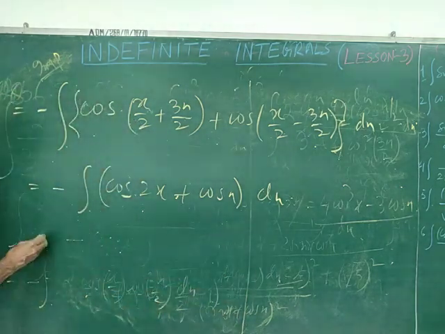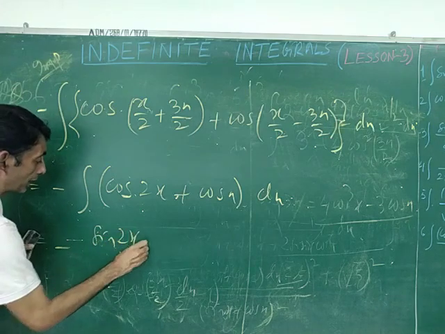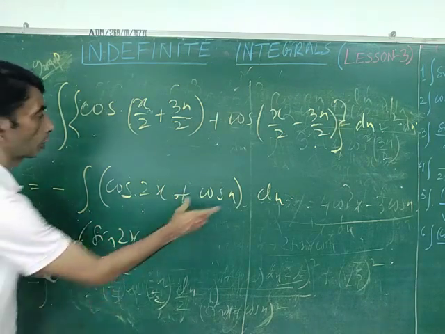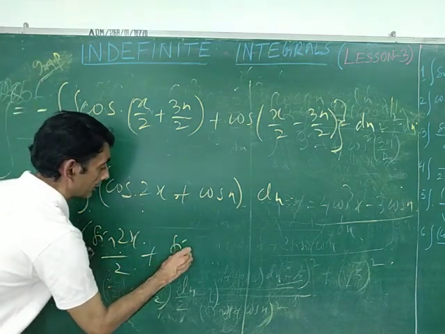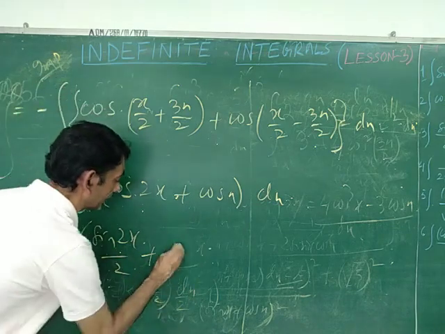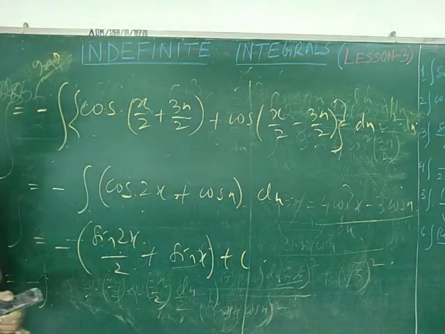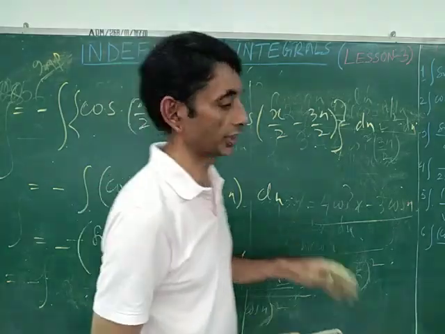Now integrate: cos twice x gives sin twice x by 2. You can take the minus common there. The integration of cos x is plus sin x, this is only sin x, plus c. This is the answer for this question, the last question.